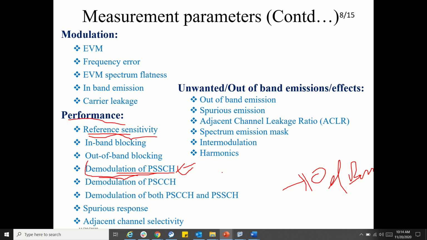For example, from the Node B we will send fading, AWGN noise, and Doppler shift. We apply all those stringent conditions along with our signal. Then we measure the throughput: whether the UE is able to decode the packets or not, and how many packets it can decode successfully.